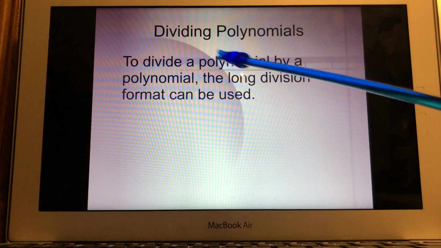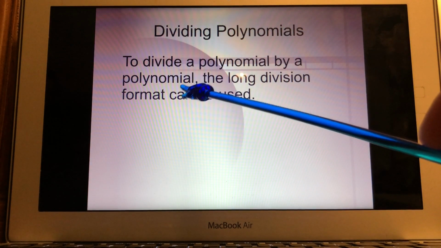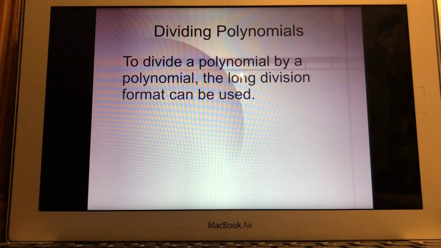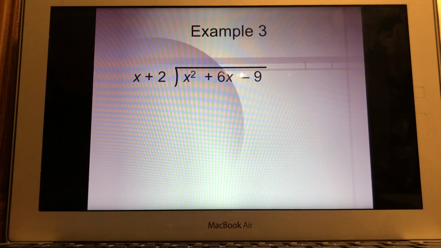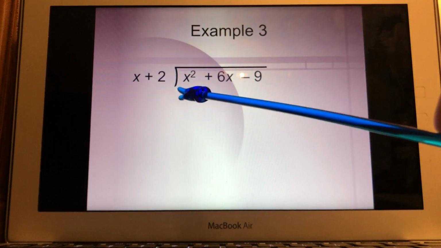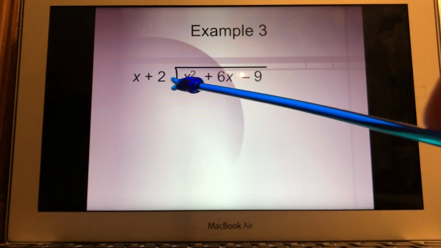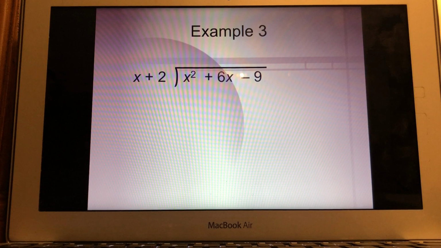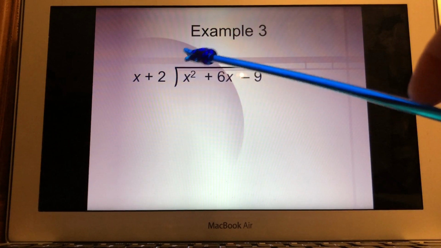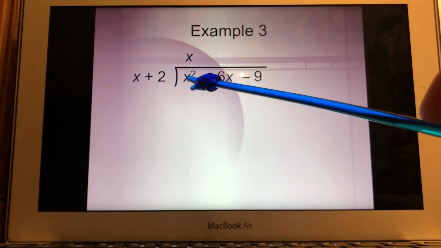To divide a polynomial by a polynomial, the long division format can be used. So now, if we have a polynomial that we're going to divide, now we have to use long division, okay? So x plus 2, we're going to first look at what times x gives me x squared.